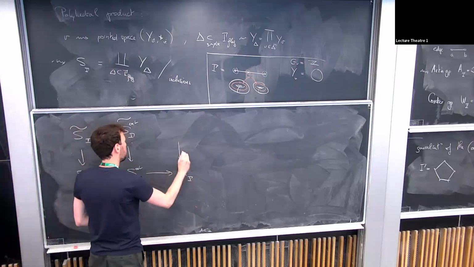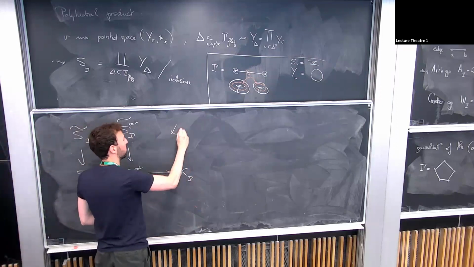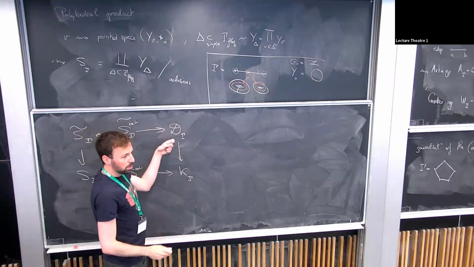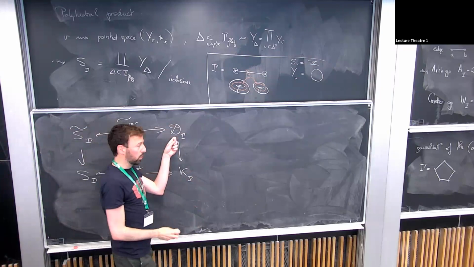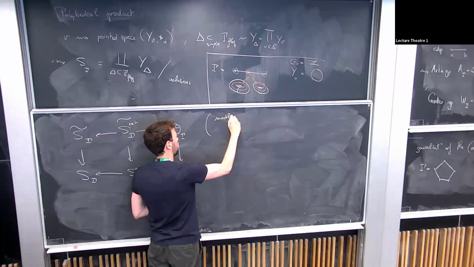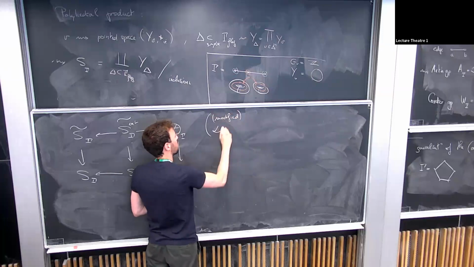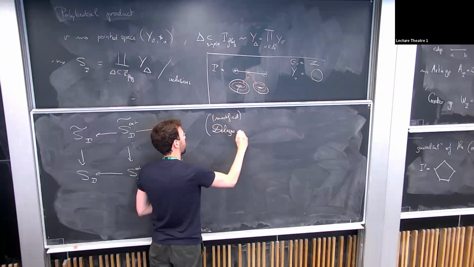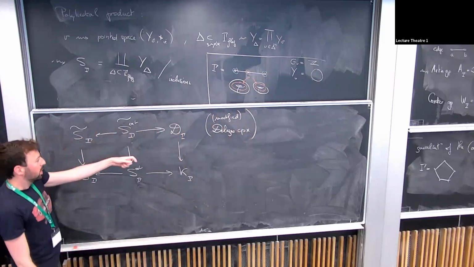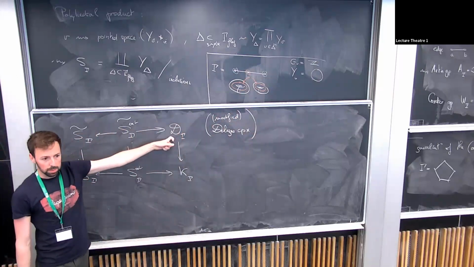And what I see upstairs, I'm going to call it D gamma as well, but it's no longer the Davis building of the graph product, it's the modified Deligne complex, the Charney-Davis complex, CD, of gamma.